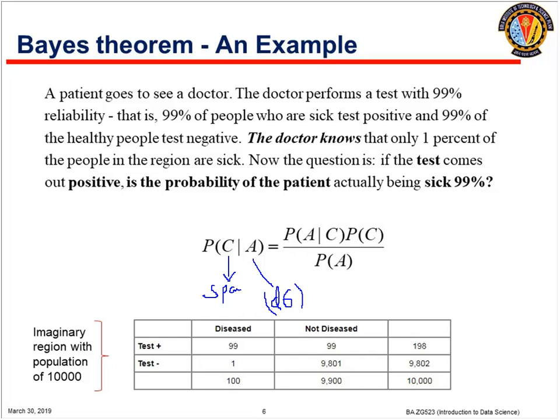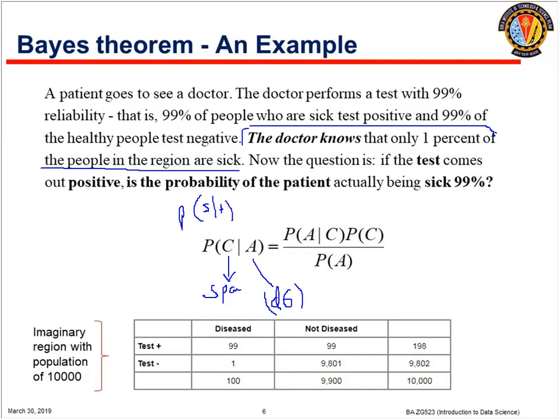The total probability. Now you can see that in this doctor example, the doctor knows that 1% of the people in the region are sick. The doctor knows this. So in this formula, what is the probability that the doctor knows that only 1% of the people in the region are sick? In that earlier case, what we wanted to find was the probability that the person is sick, given that the result is positive.